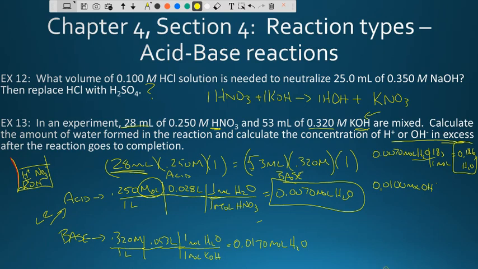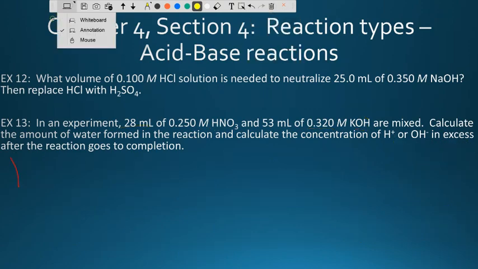If I solve that back, I end up with 0.028 liters of nitric plus my 0.053 liters of potassium hydroxide. That gives me 0.12 moles of hydroxide remaining. Okay, so just pretty straightforward, following those things along the way.